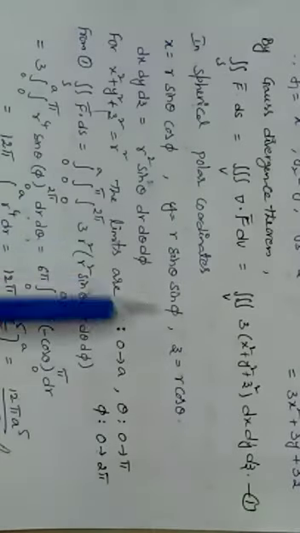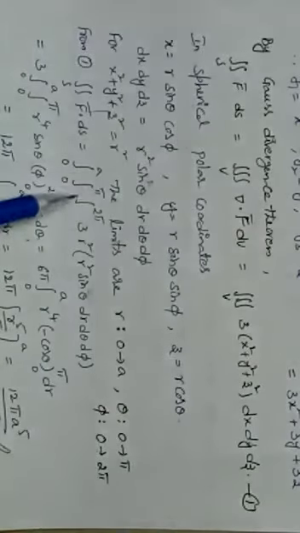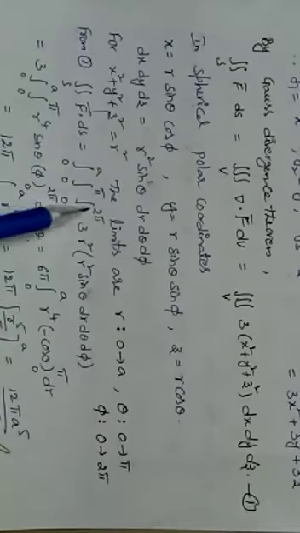From the divergence theorem, if you substitute all this data, you get the volume integral with r from 0 to a, theta from 0 to pi, and phi from 0 to 2 pi.